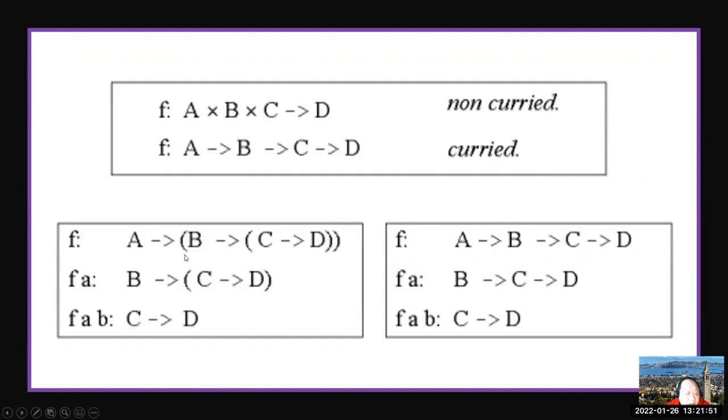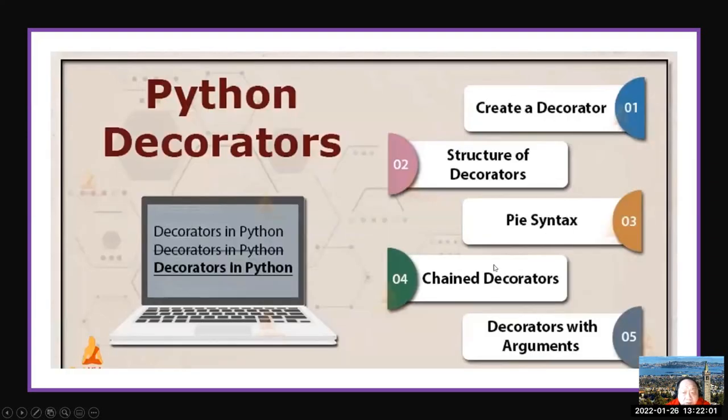So the left side is the traditional functional composition, and the right side is curry. We'll talk about this later. There are also decorators. A decorator is another way to use the concept of higher order programming, higher order function.